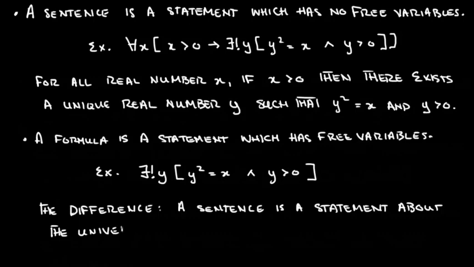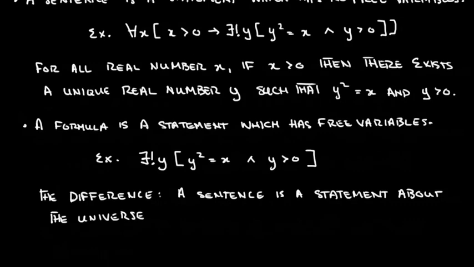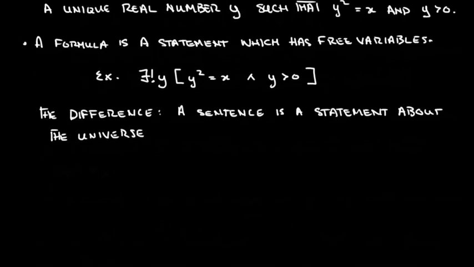Let me rewrite that actually. The universe or domain of discourse because for all x we have there exists a unique y such that. So we're making a statement about the objects of the universe.